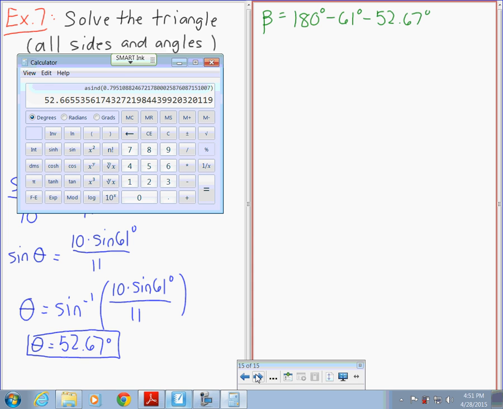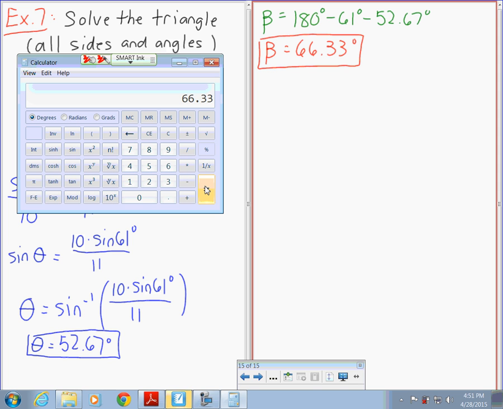So I'm going to do that on my calculator here, so I don't make a mistake. 180 minus 61 minus 52.67 equals 66.33. Okay, great. And that's looking tremendous even.